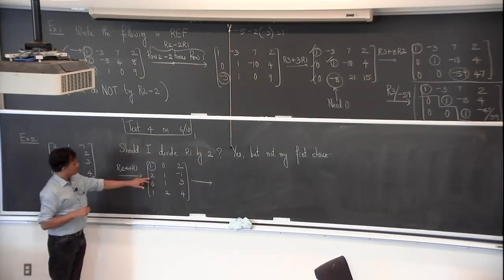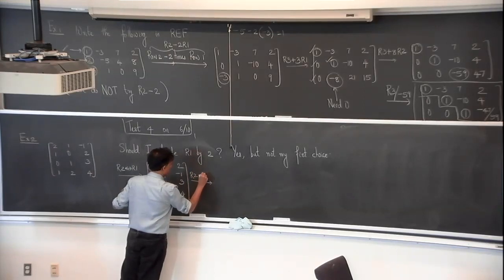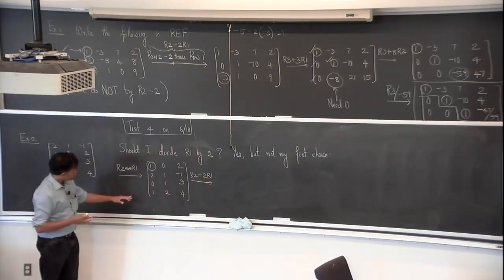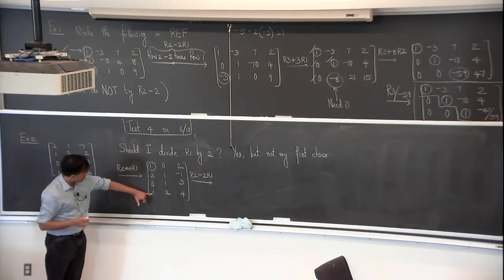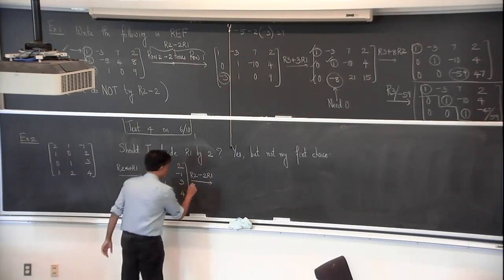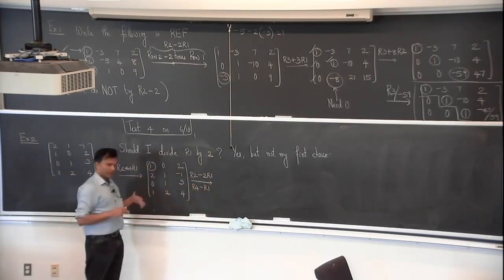Now you can do R2 minus 2 R1. And you can also do another operation here: R4 minus R1. They're not going to conflict with each other. Or you could do it separately.